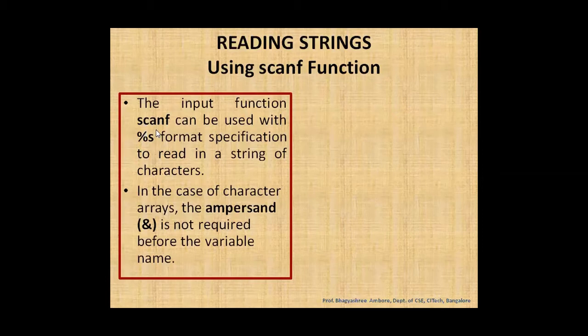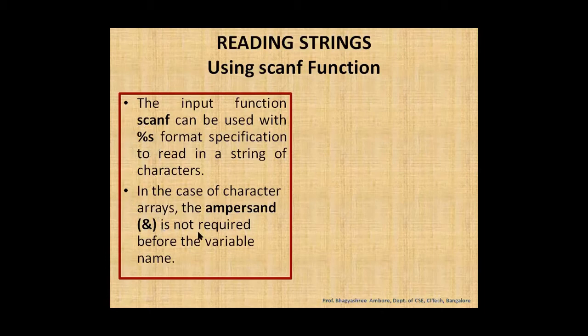Similarly, to read a string, which is a group of characters enclosed in double quotes, what do we have to use? We have to use %s. Now, whenever I'm using %s, we do not require any ampersand. Why?